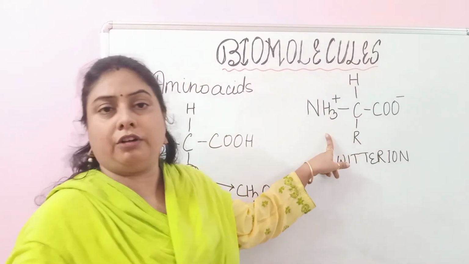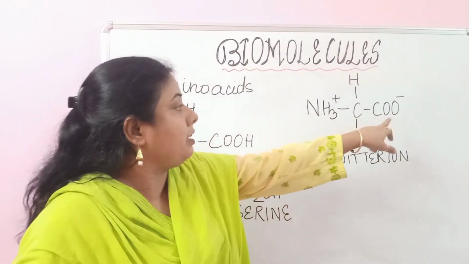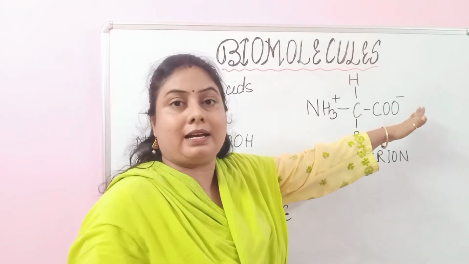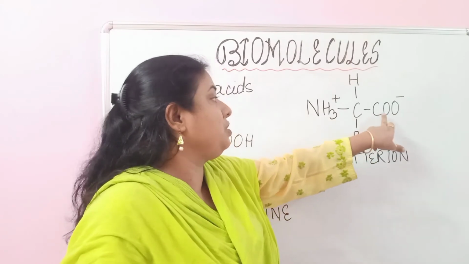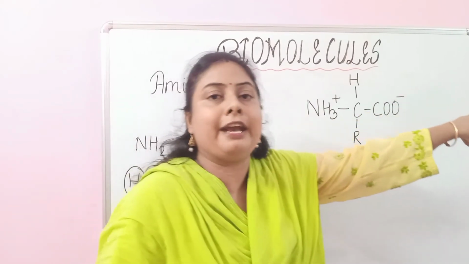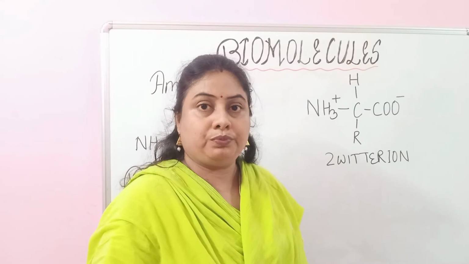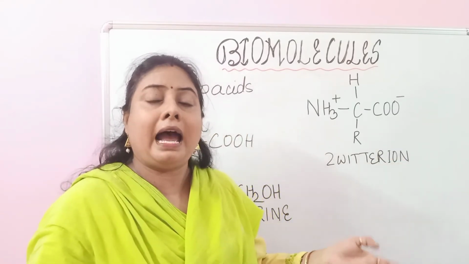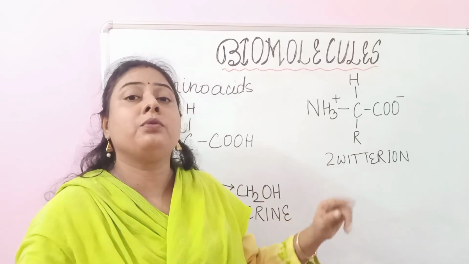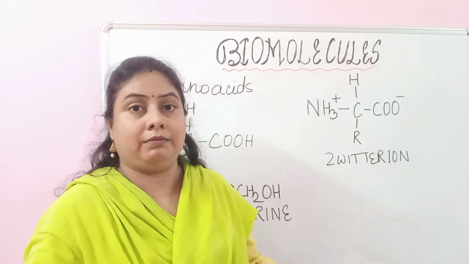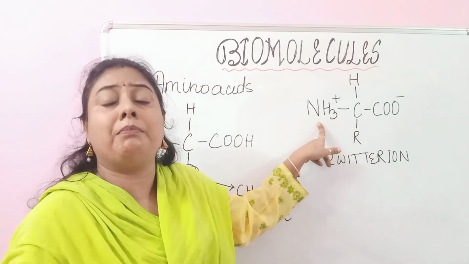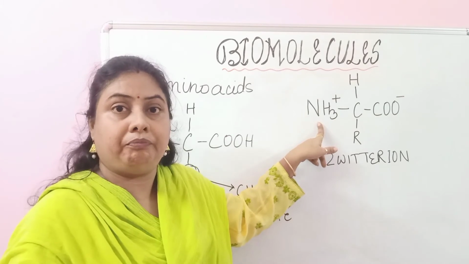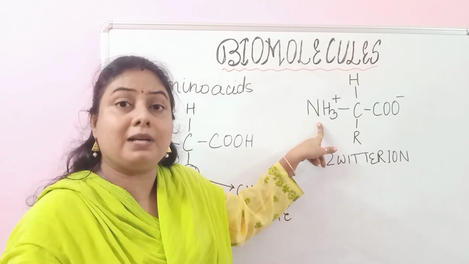See this structure of amino acid. Here, the hydrogen from the carboxylic acid group is dissociated into COO minus and H plus. This H plus goes into the medium, forms hydronium ion, and the hydronium ion again donates its hydrogen ion to the amine group, forming the NH3 plus group.